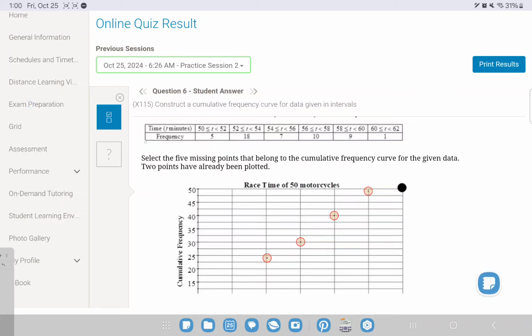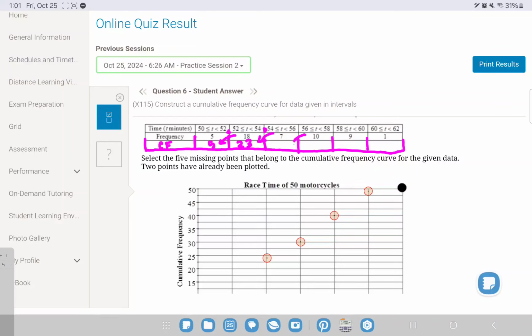So when you do this, you're gonna add an extra row to your table called CF, cumulative frequency. What you do is you always start with this frequency, 5. Next one is gonna be 18 plus 5, which is 23. Then you add 7 to 23. So what you're doing is just adding like this.